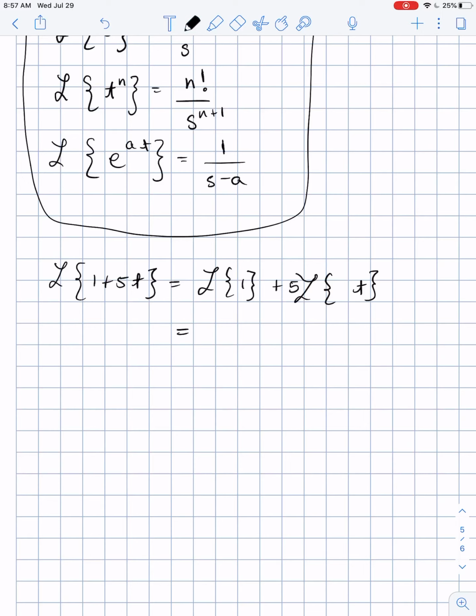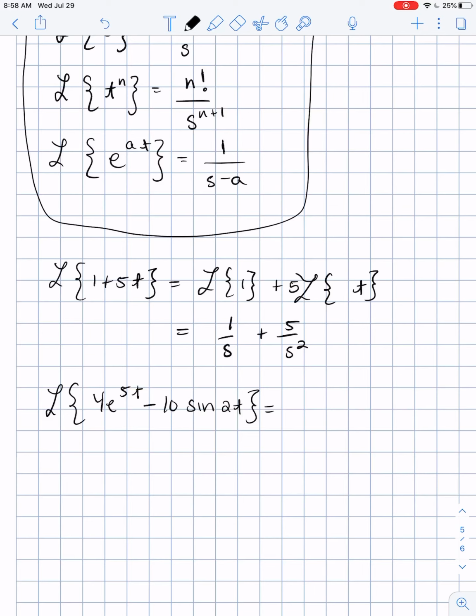It might be a little bit easier to see, and then just use your properties there. So this is going to be 1 over s, and this is going to be 5 over s squared. What you guys got to do is just take your time and use these transformations properly.